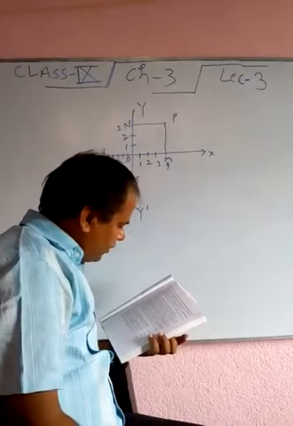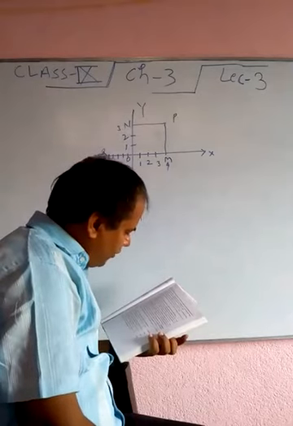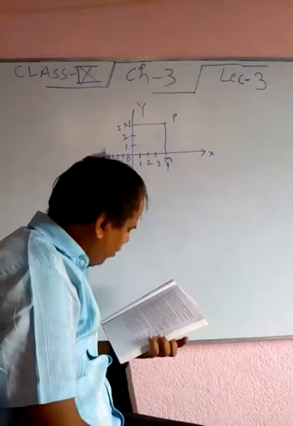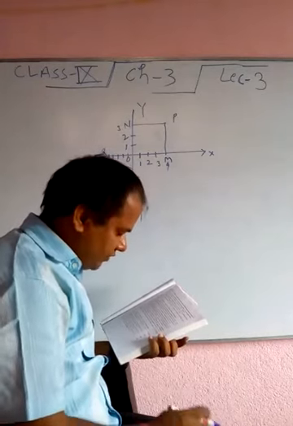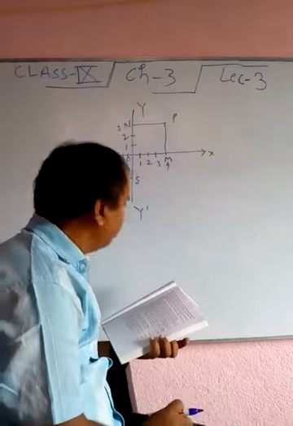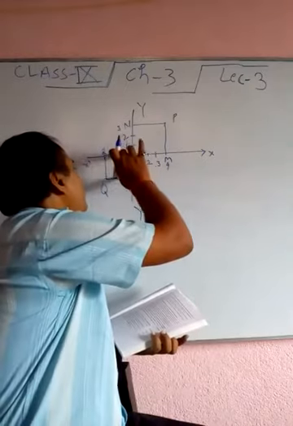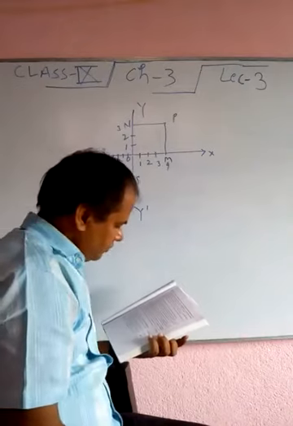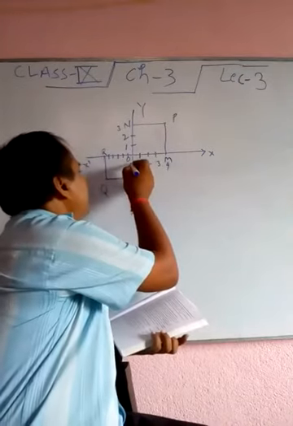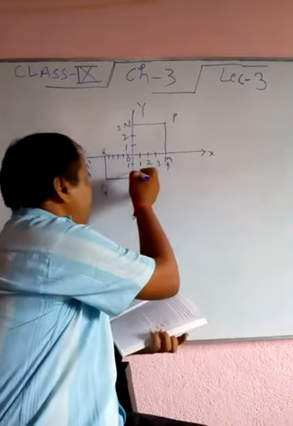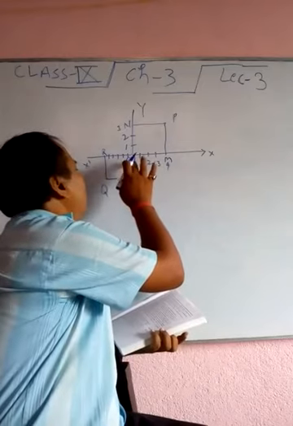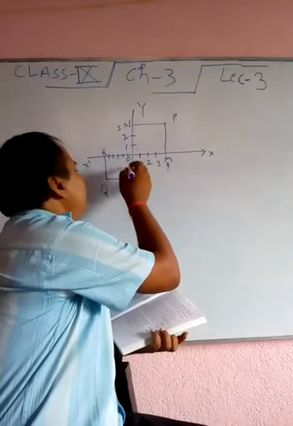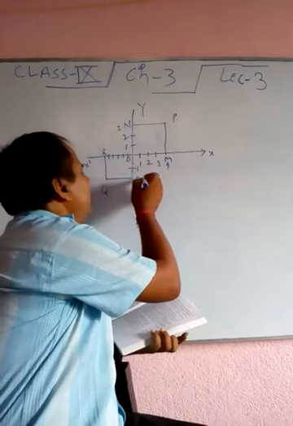And the perpendicular distance of the point Q from the x-axis measured along the negative direction of the y-axis is OS equal to RQ equal to 2 units. Here it is 1 and here it is 2.